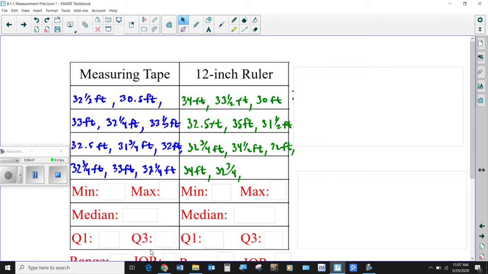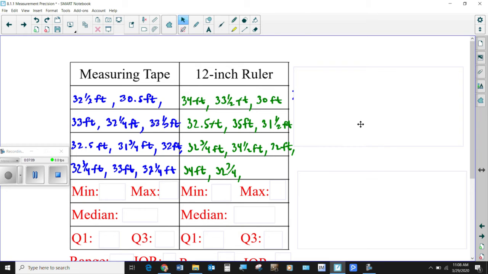So at first glance, can you tell if there are any outliers in this data? Is there something you could do to make it easier to see if there is an outlier? Is there something you could do to check for the minimum, the maximum, or the median? And the answer is yes.